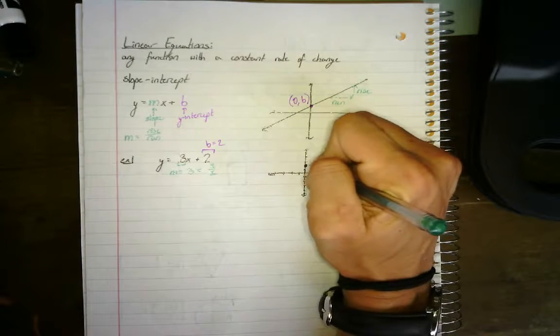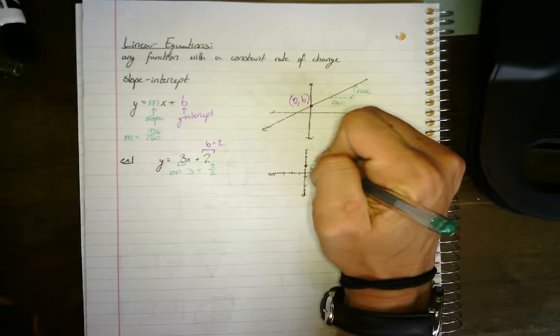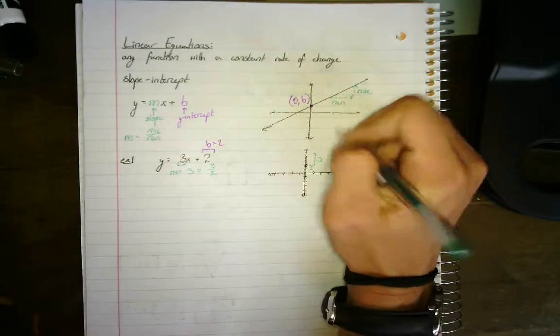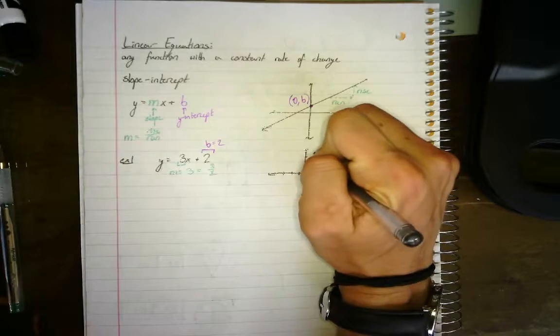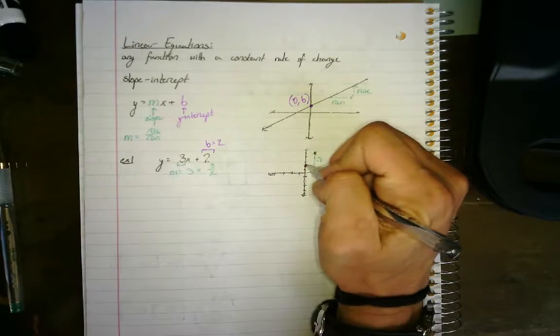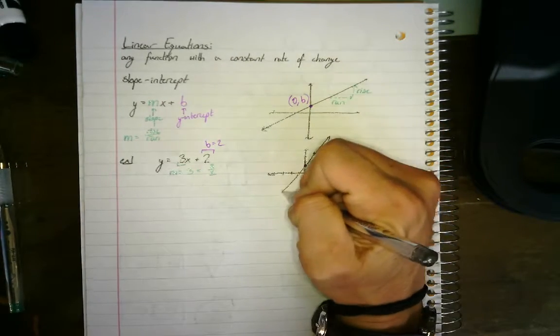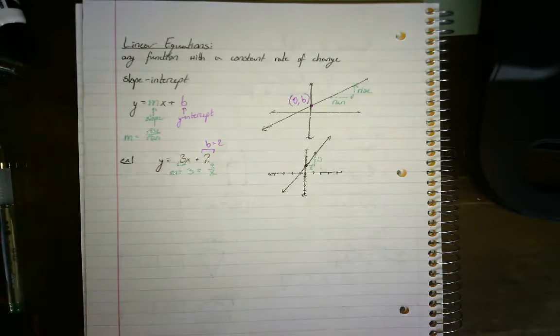So we go over 1 and up 1, 2, 3 to get to our second point. At this point, we have enough information in order to draw that line, which is going to look something like this.